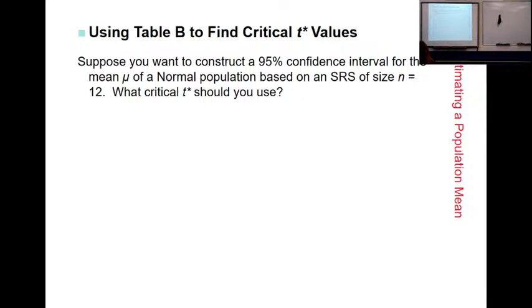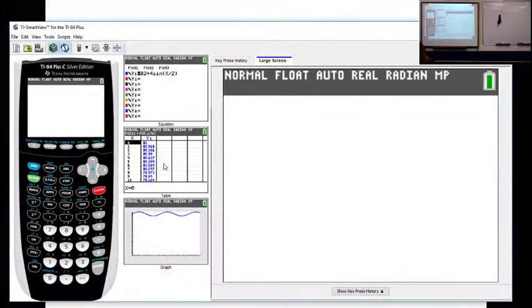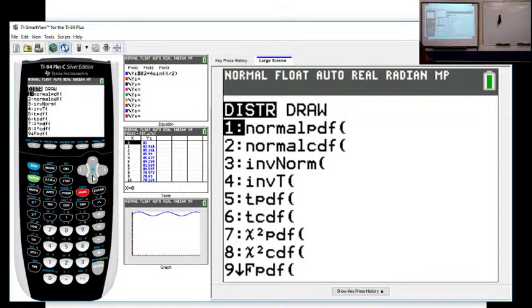On your calculator, you're going to go to the same menu that you would go to for z-scores, which is second vars for distribution. Since we've got a percentile and are looking for the specific t-score, remember that would have been inverse norm with our z-scores, so now it's going to be inverse t.